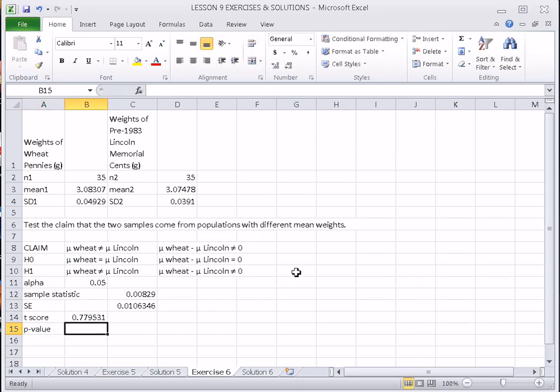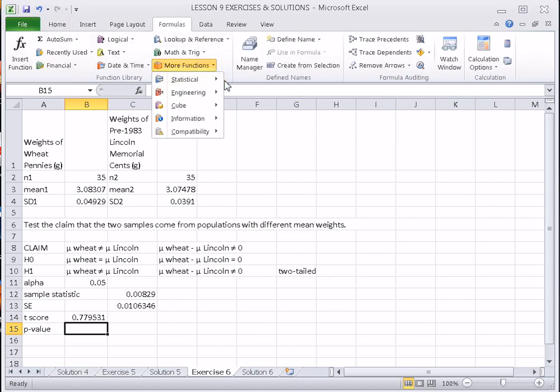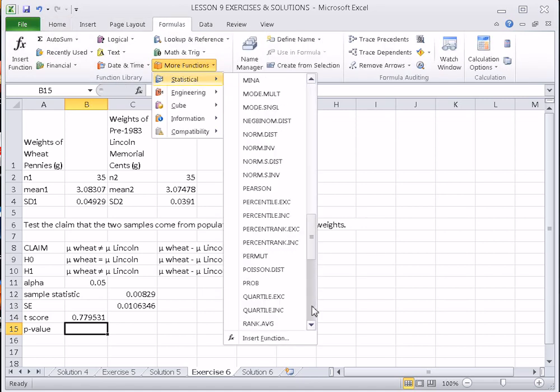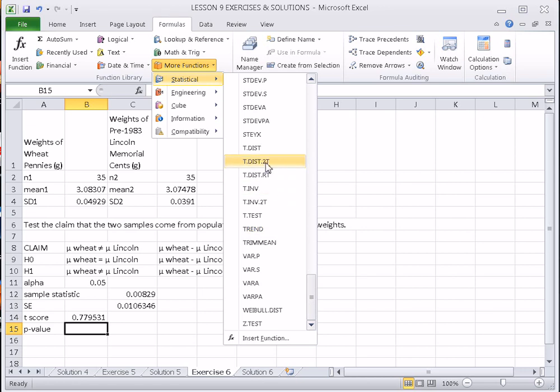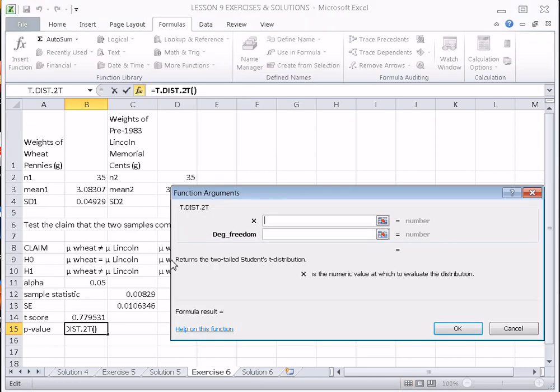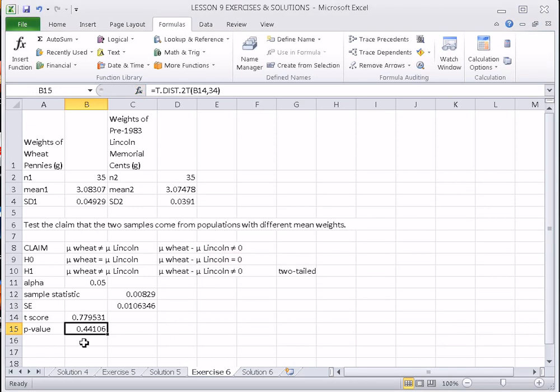Once again, recall we are working with a two-tailed test, so that means we will be using the t-dist 2t, and there's our t-score and degrees of freedom. One less than the smaller sample size. Both sample sizes are the same, so 34. Big p-value, 44%. Big p-value.